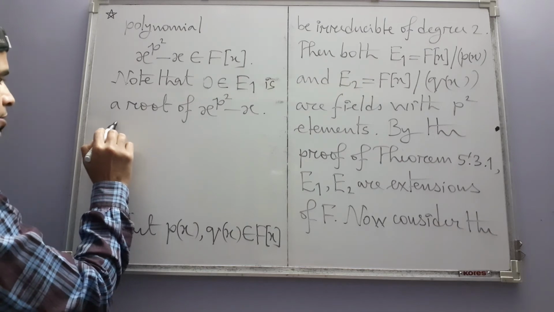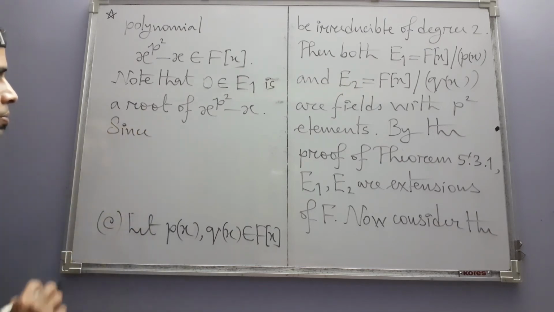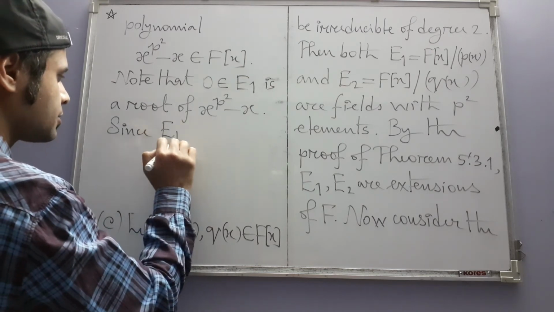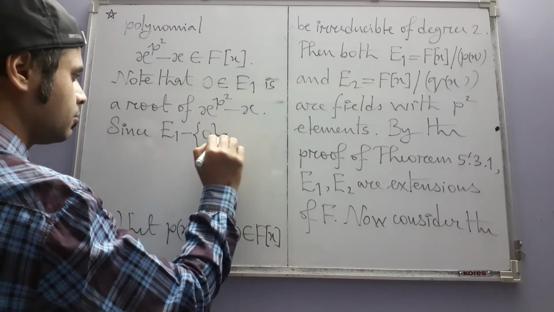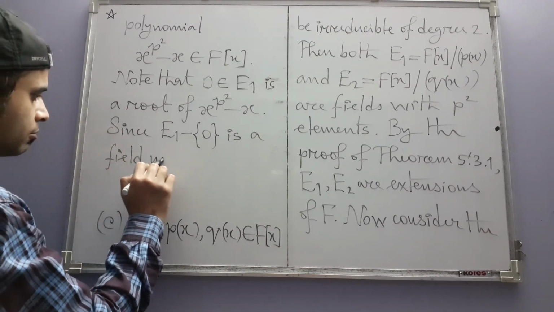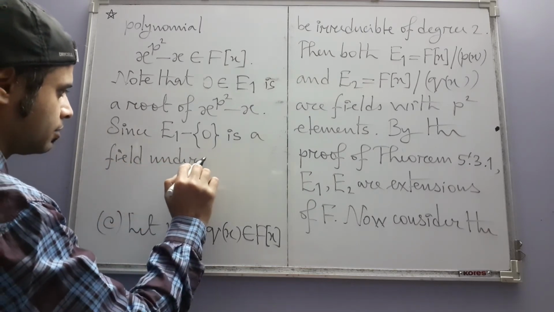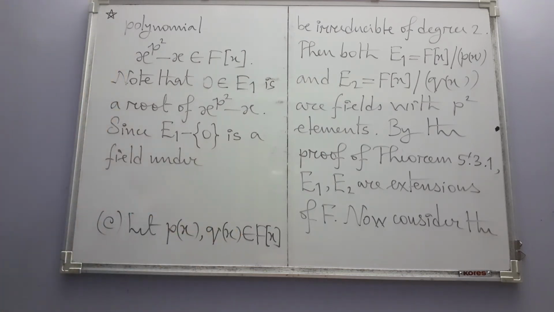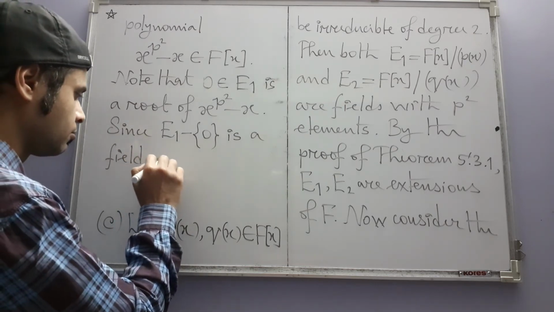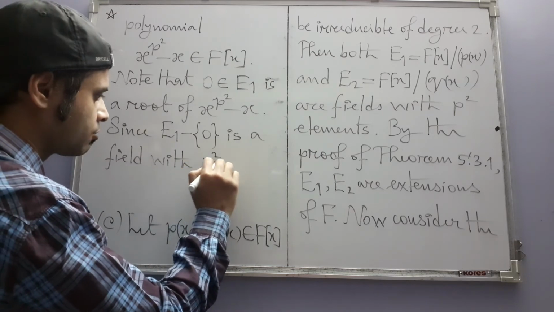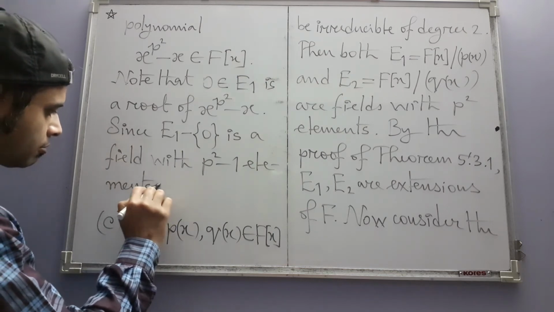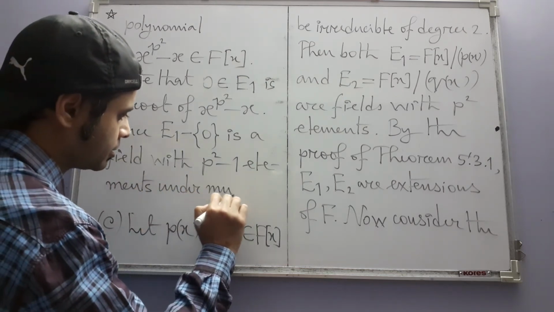Now since E1 minus 0 is a field with p square minus 1 elements under multiplication.